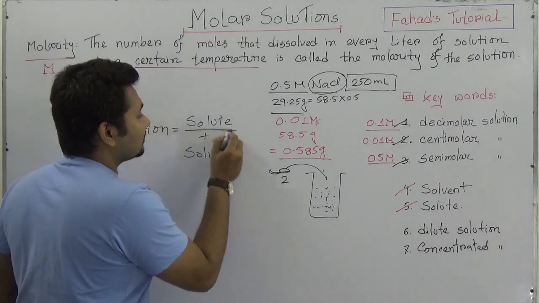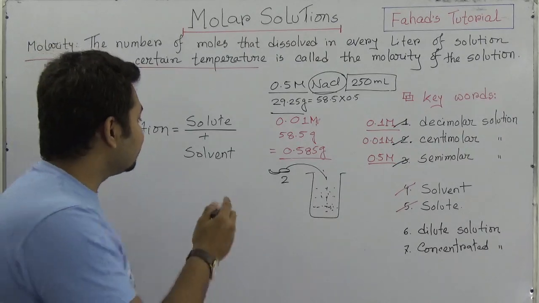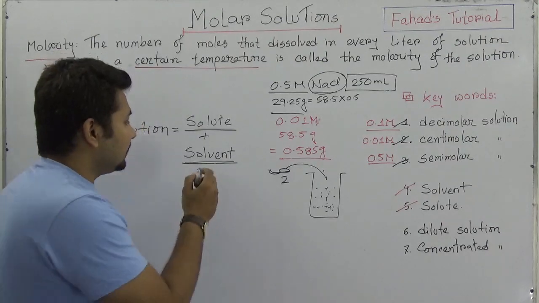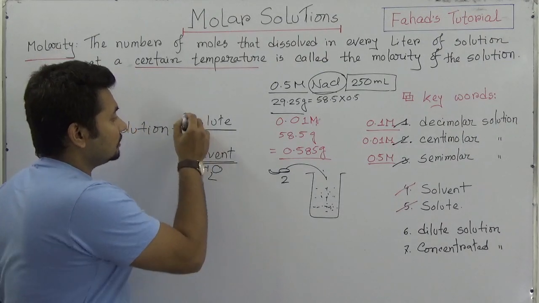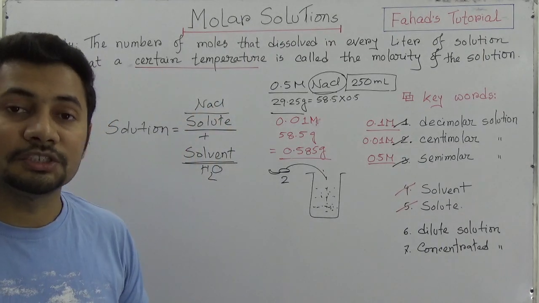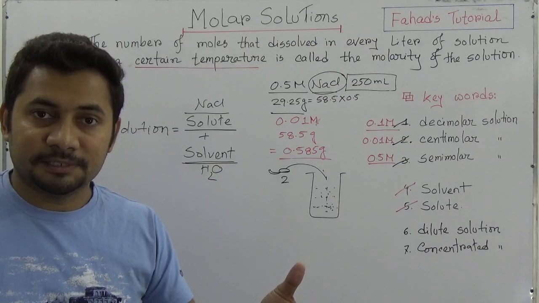This solute is the sodium chloride, that edible salt, and this solvent which actually dissolves it is water. So the solute is sodium chloride and water is the solvent, and usually we call water a universal solvent.